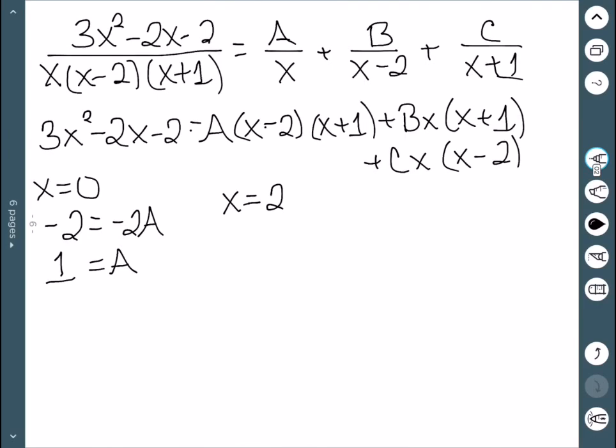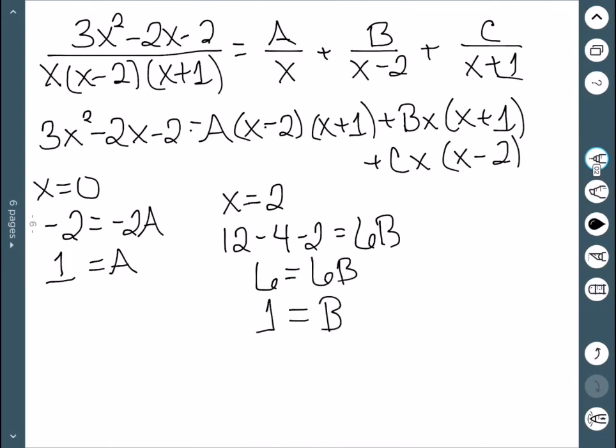On the left, 2 squared is 4, so I have 12 minus 4 minus 2. On the right, the a cancels, the b becomes 6b, and then the c term cancels. So this is 6 equal to 6b. Therefore, b is also equal to 1.